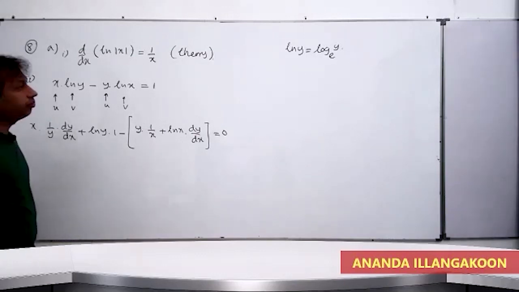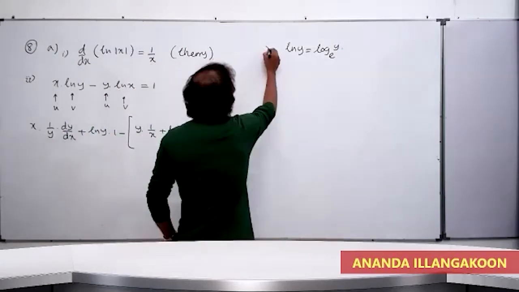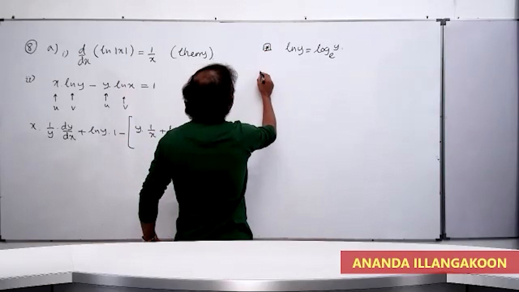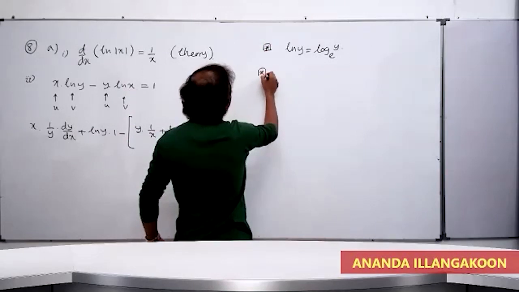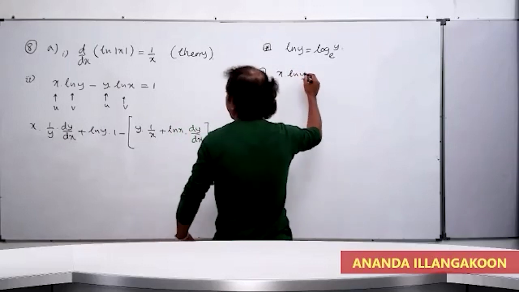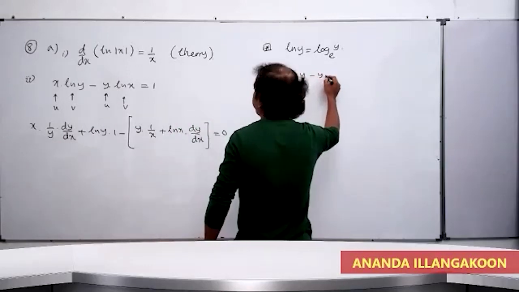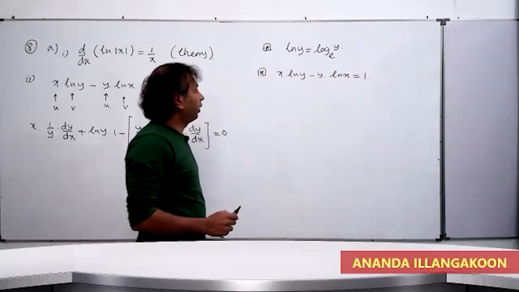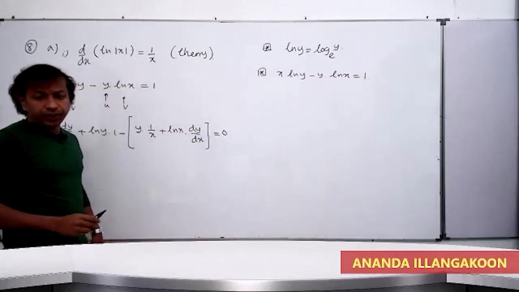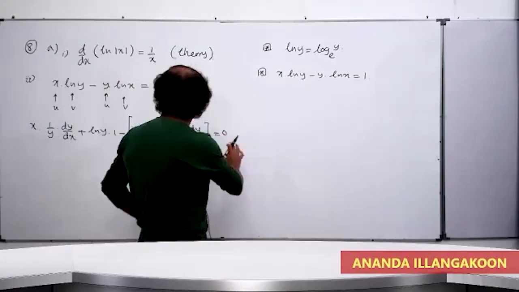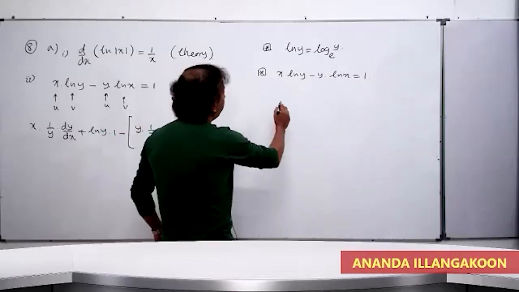Okay, next one. I'm going to take this one again. x times ln y minus y times ln x is given to be 1, no? Right. I'm going to find the ln y value when x equals 1, right? Using this, keep this for a while, right?